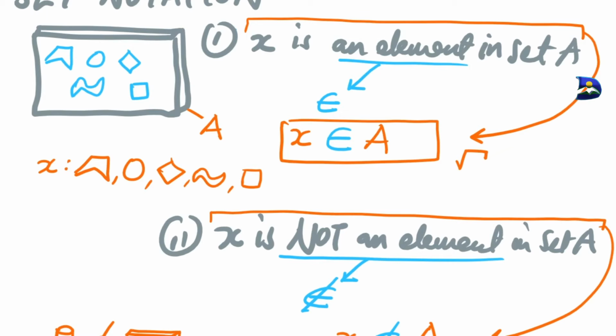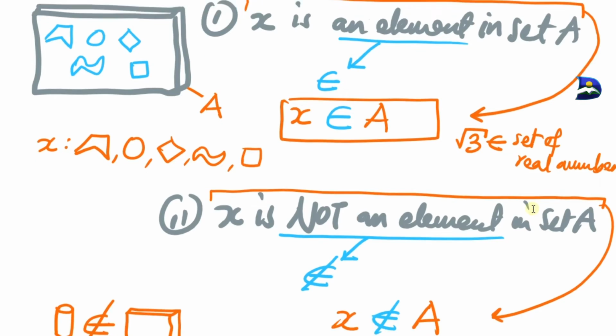We can say that the square root of 3 is an element of the set of real numbers. Yes, the square root of 3 is a real number, and therefore it is an element in the set of real numbers.